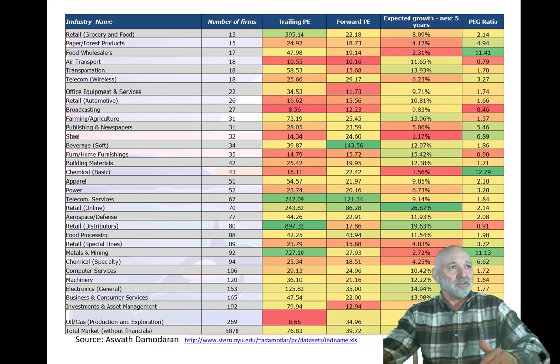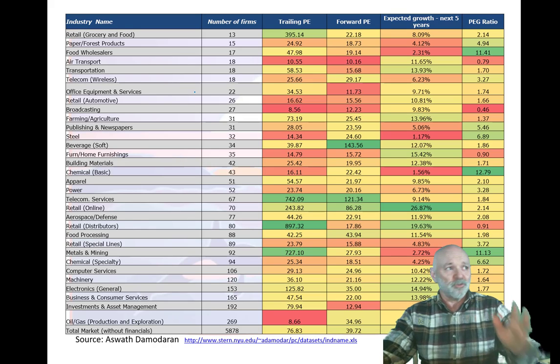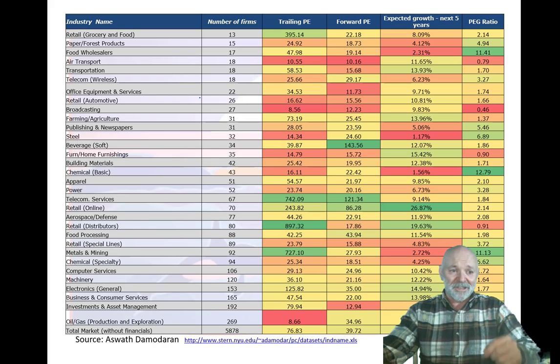Here we've got information about trailing price earnings multiples and forward price earnings multiples, growth, and PEG ratio for different sectors. When you look at this, you'll see that some of the sectors with the highest PEG ratios are ones like basic chemicals, food wholesalers, perhaps metals and mining.